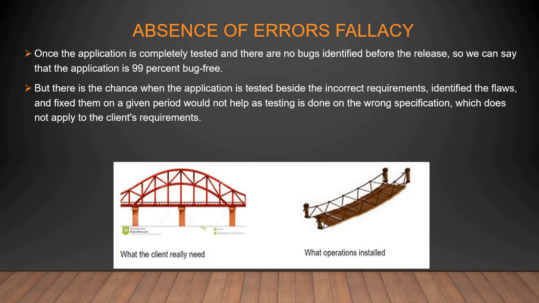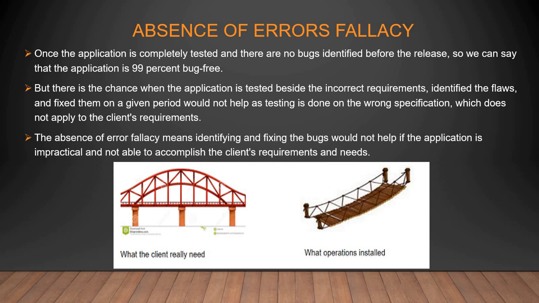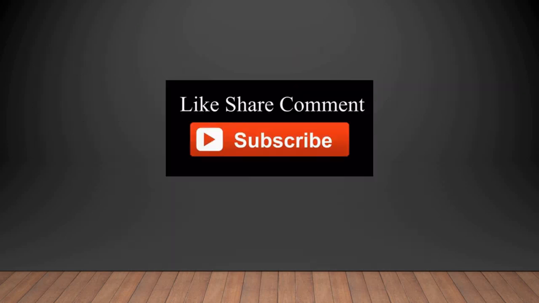With the help of the figure below, you can see what the client really needs and what operations were installed. The absence of error fallacy means that identifying and fixing the bugs would not help if the application is impractical and not able to accomplish the client's requirements and needs.